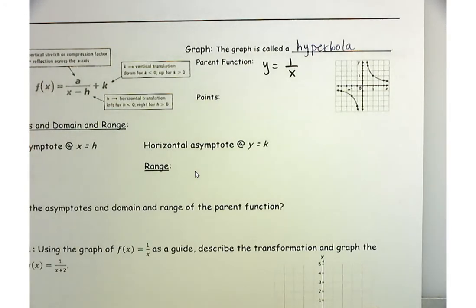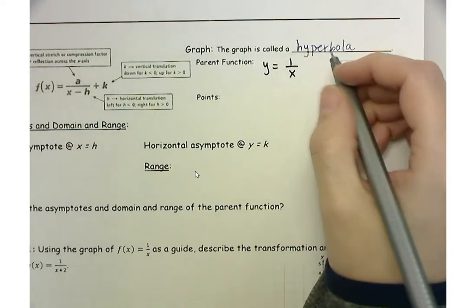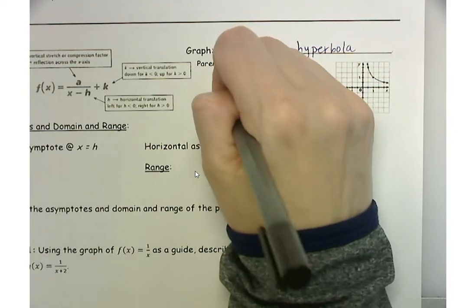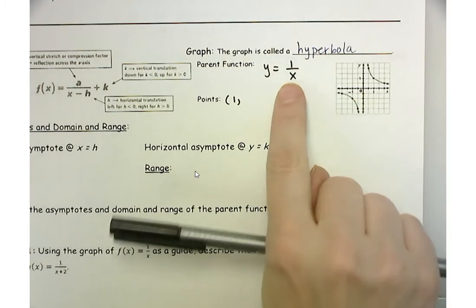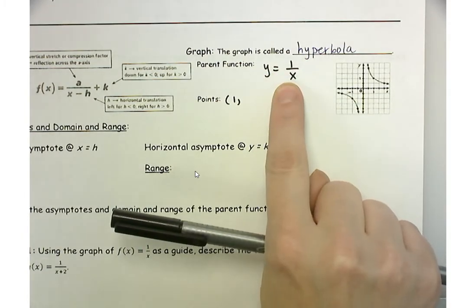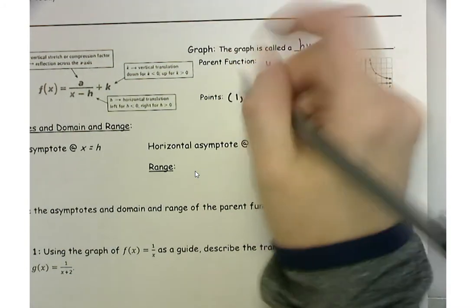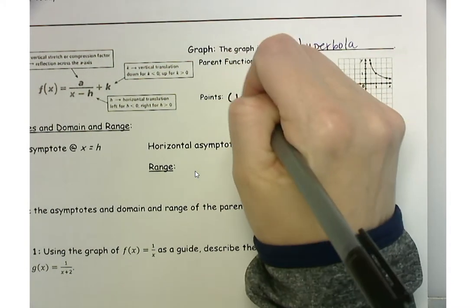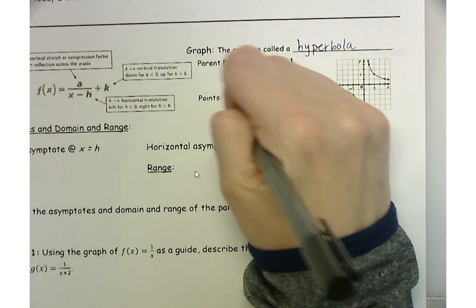On this graph, if I plug in 1 for x, y would be what? 1, because 1 divided by 1 is 1. If I plug in 2, 1 over 2, yeah, 1/2.